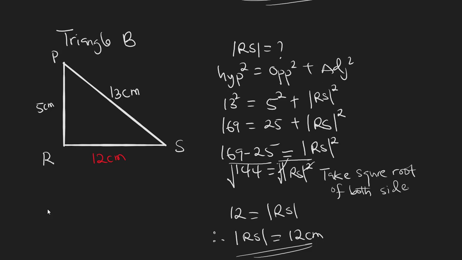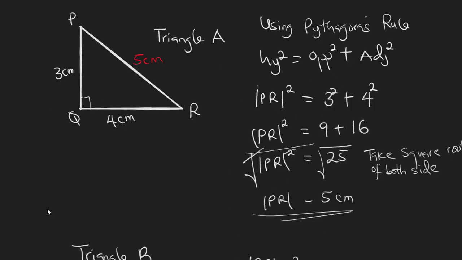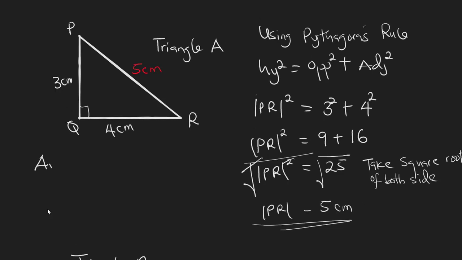It's now time for us to calculate the area of individual triangles so that we'll be able to merge the areas together, right? So in order to calculate the area of triangle A, we know that the area of a triangle is given as what? Half base times height, right? So what is our base? Our base is 4 centimeters for triangle A and the height is 3 centimeters.